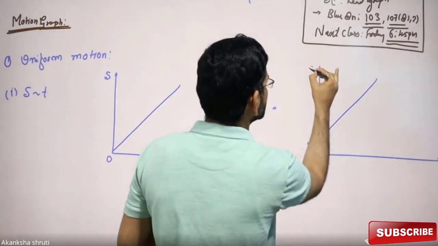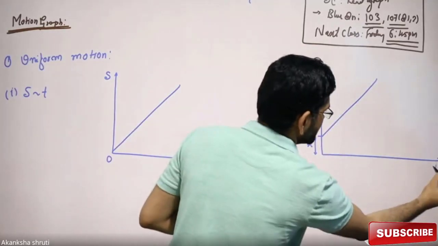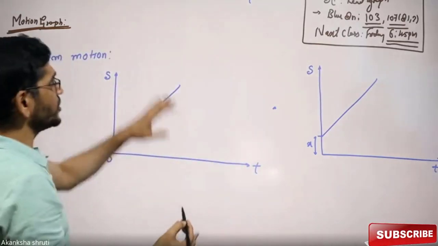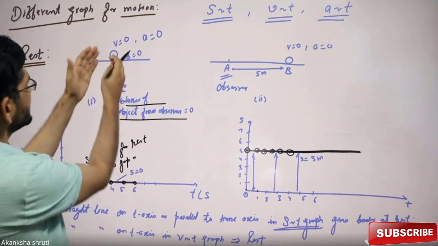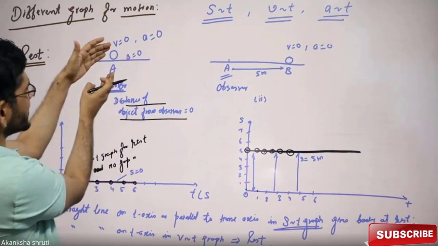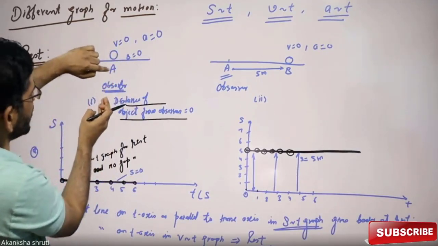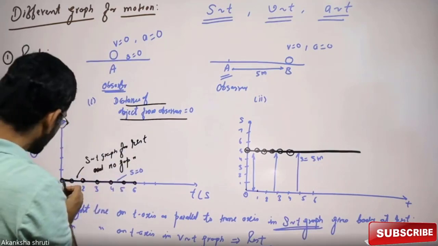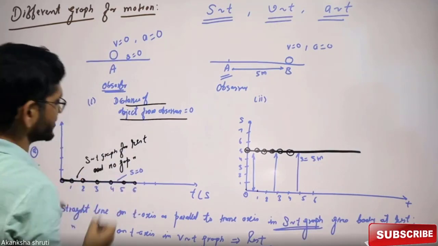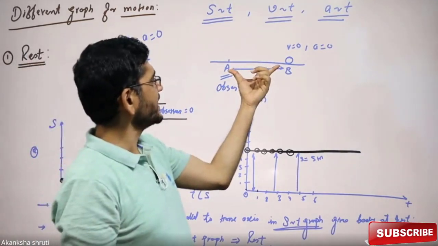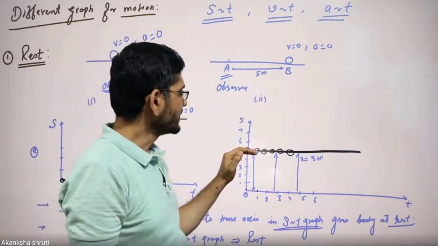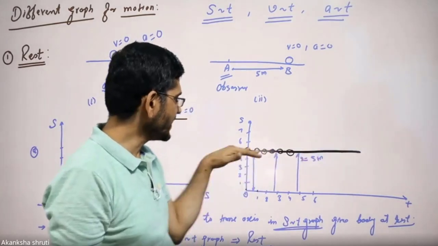What is the difference in these two? The same difference as we have considered here. Means the object is near to the observer, or the initial distance between the object and observer is 0. So that's why it has started like this. In this case, the object is at a certain distance initially.